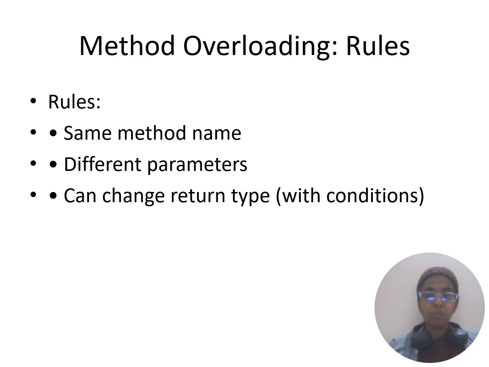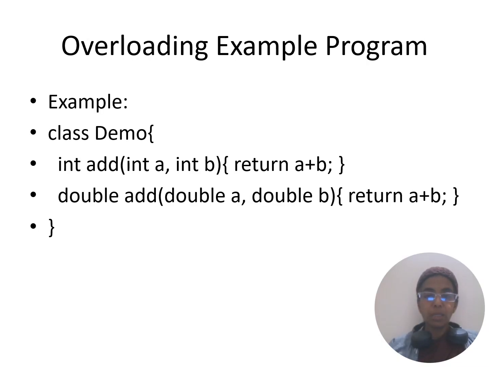Then we have method overriding, where we have the same method name and the same parameters, and it happens during the runtime. We'll see with an example, then only can we understand clearly.